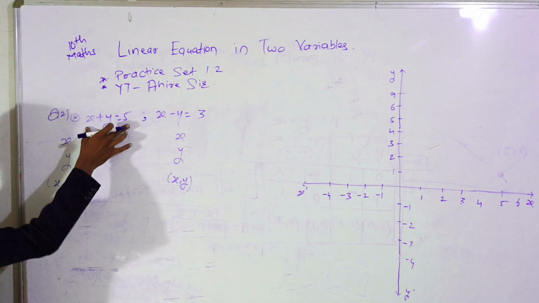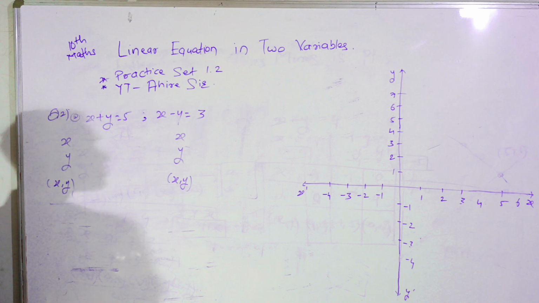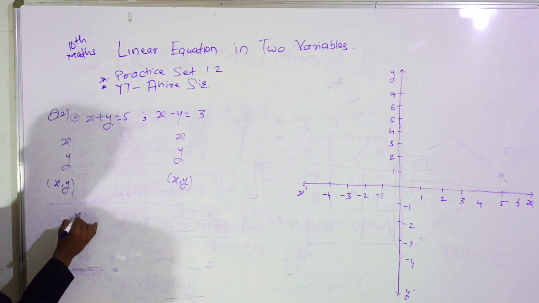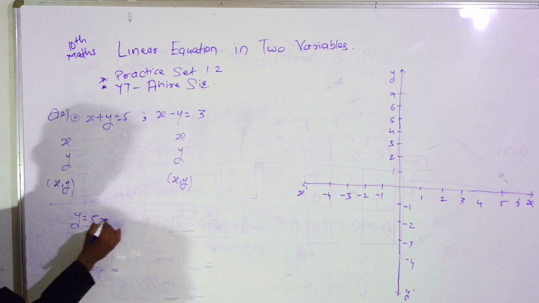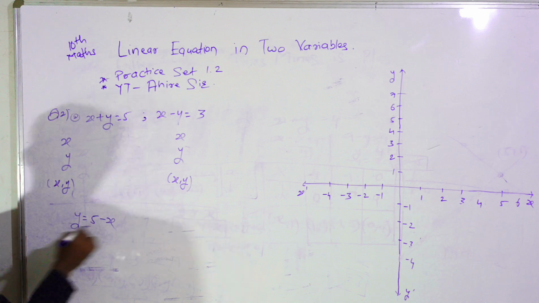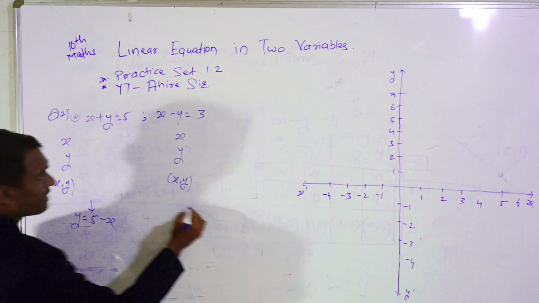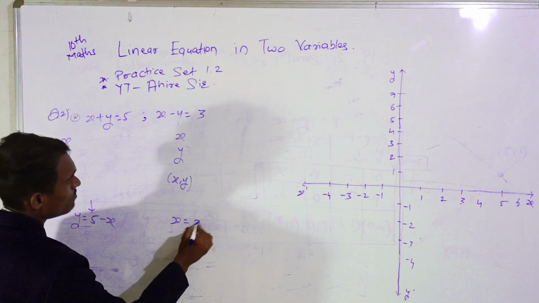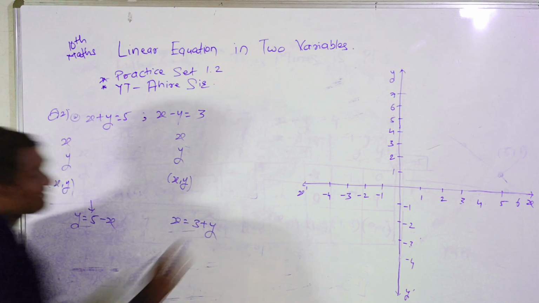We have to make this equation suitable for x or y. Let's say y equals 5 minus x, and this becomes x equals 3 plus y.